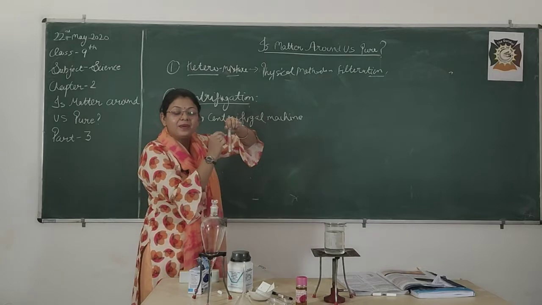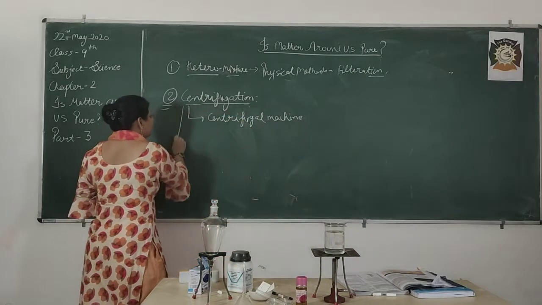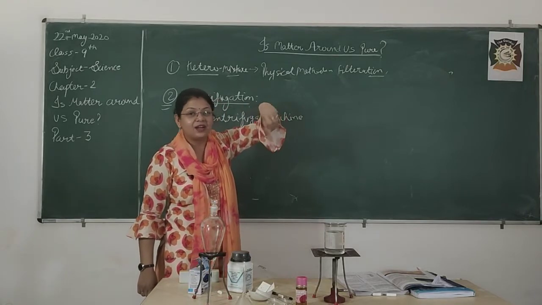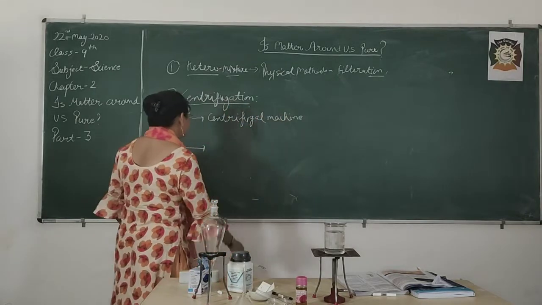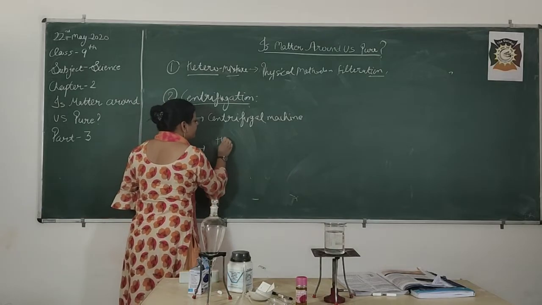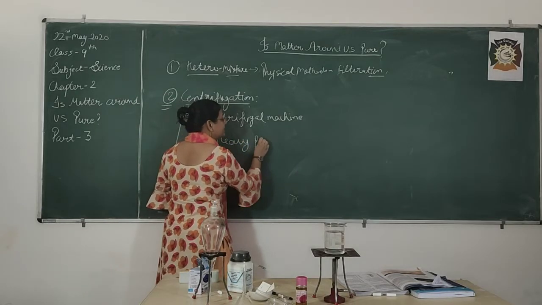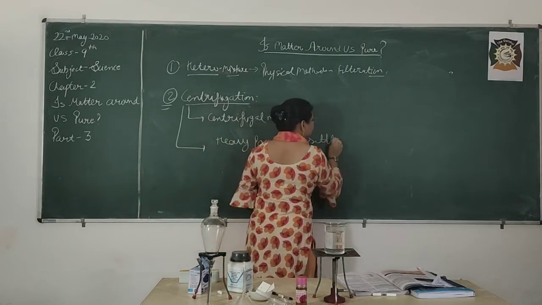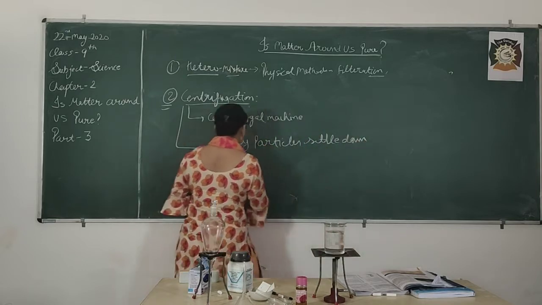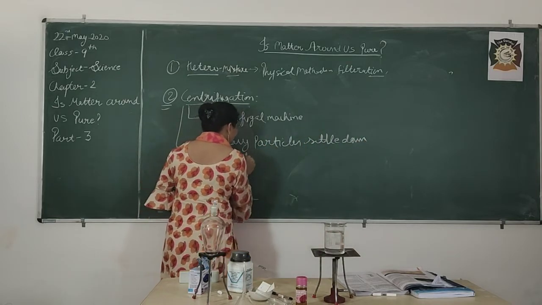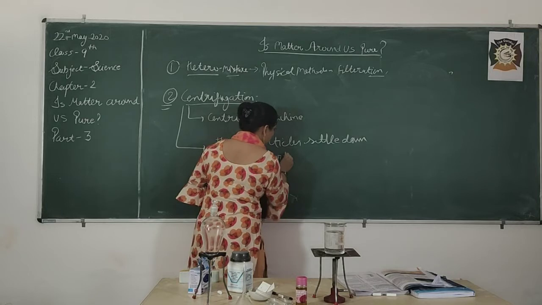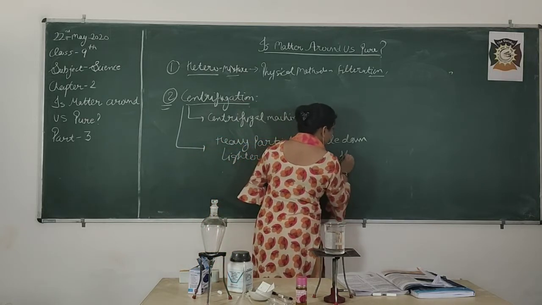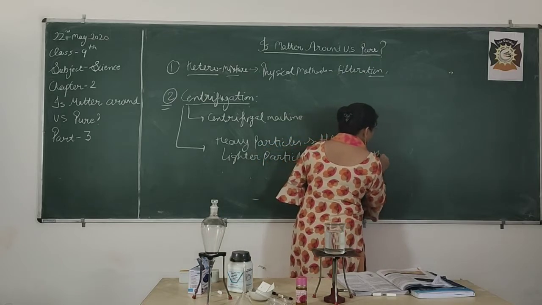And the main basic principle of centrifugation is, when anything rotates at that very high speed, the science concept states that heavy particles settle down, while the lighter particles float on the upper surface.